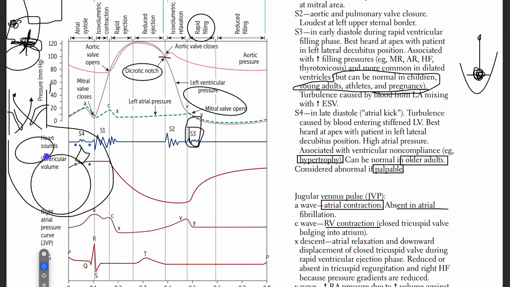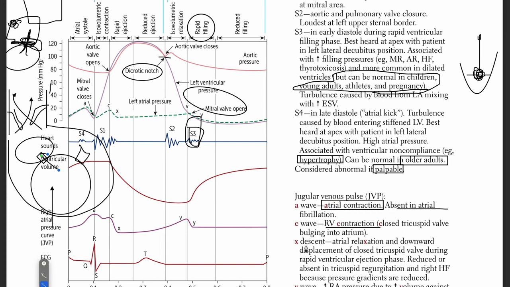Before this opens, after this closes, what's gonna happen? This thing is gonna press inwards, right? It's gonna contract inwards. So this pressure is gonna push onto this valve, the tricuspid, and that's gonna create your C wave. So that's the C wave. That's where it comes from for the atrial pressure.